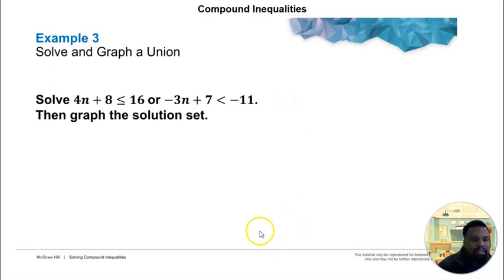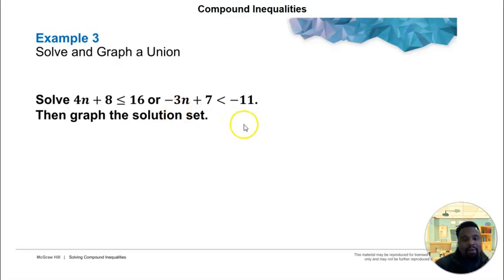If we look at this, we would solve it like we would a two-step inequality. We just have to solve both inequalities. What we want to do is subtract 8 on both sides. That'll be 4n less than or equal to 8, and then 8 divided by 4 is 2. So n would be less than or equal to 2. For this one, subtract 7 on both sides. That gives you negative 3n is less than negative 18.